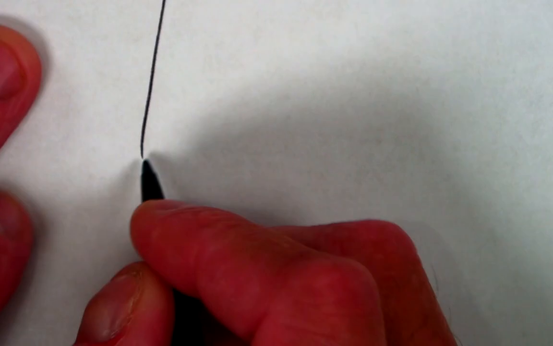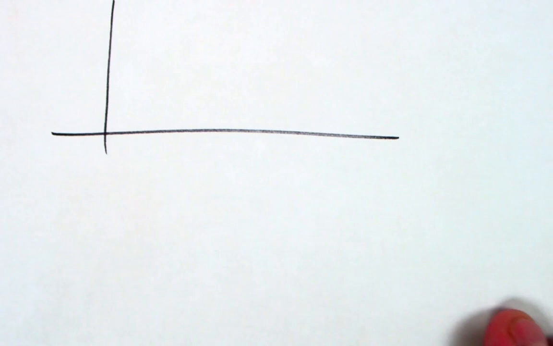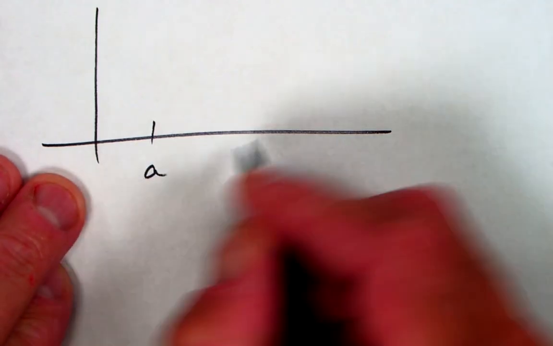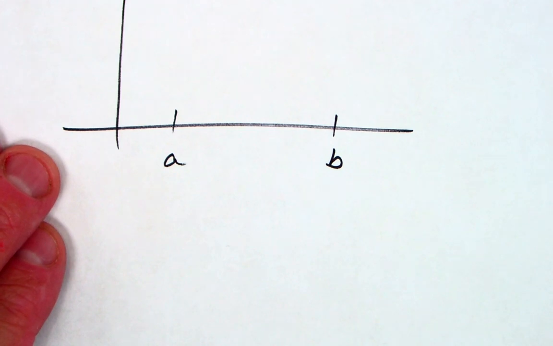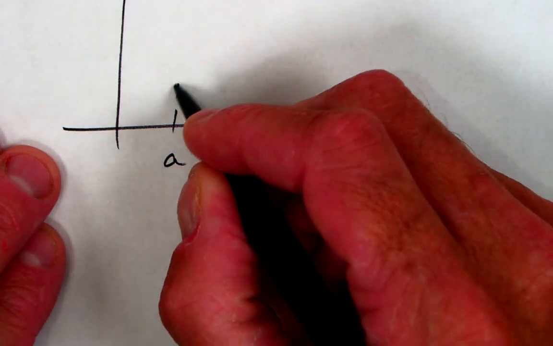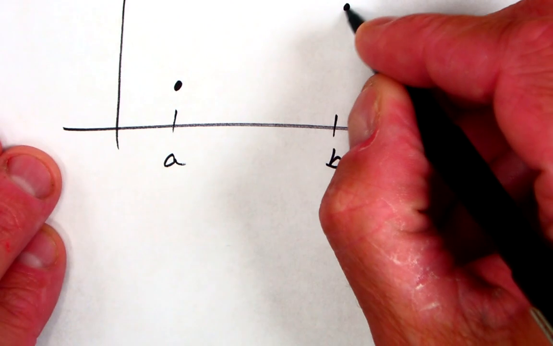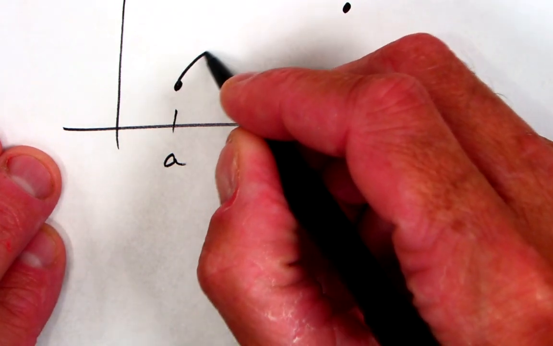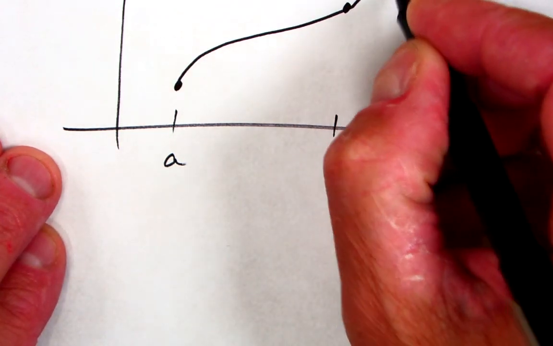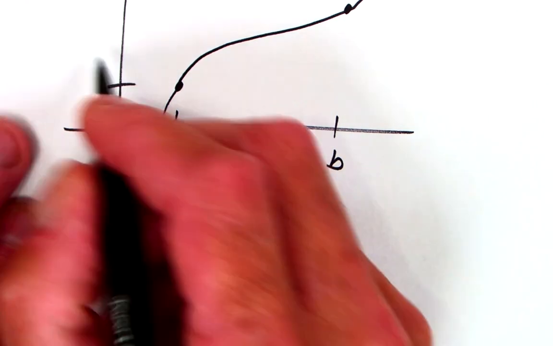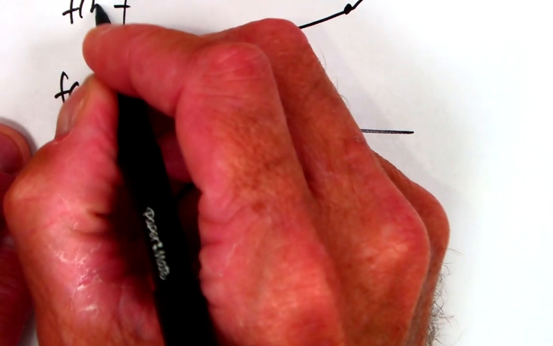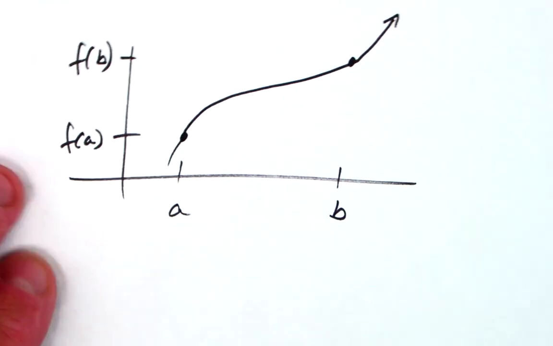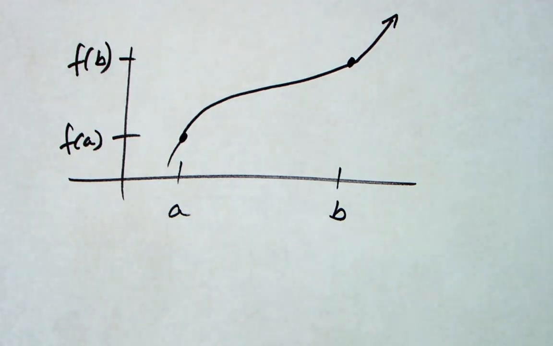It says I've got some values A and B. Okay, and I'm going to go ahead and say, here's my function. It goes something like this. Okay. So here's the situation.